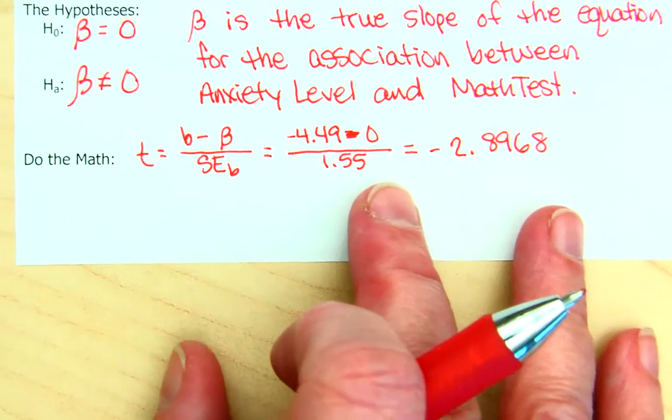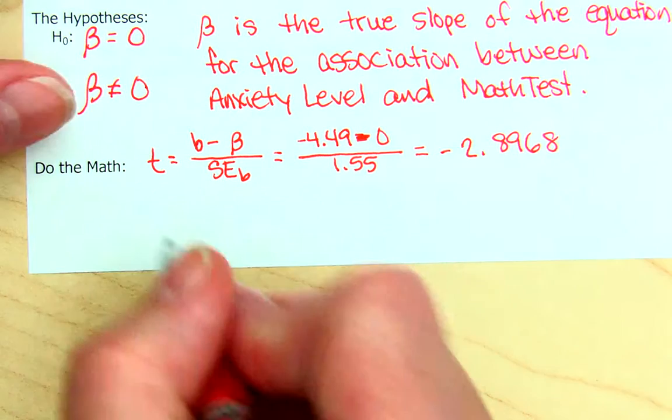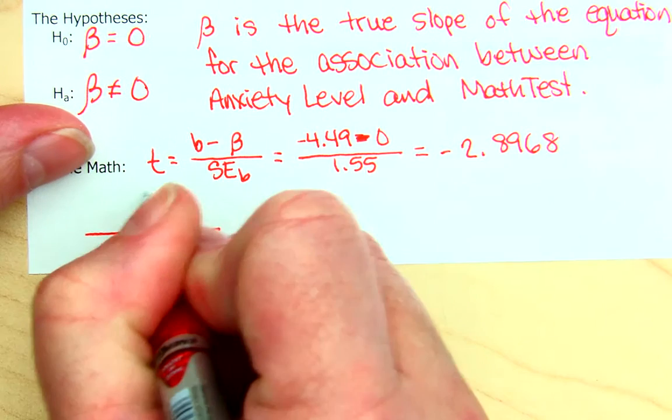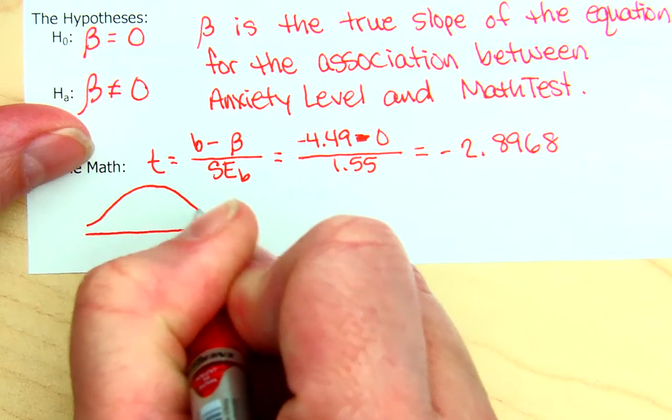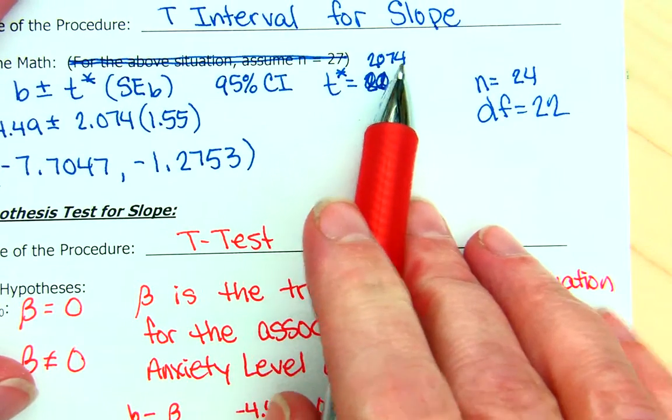Now, how could we decide whether to reject or not? But we don't know the p-value. But we do know the critical value. We have this number up here, this 2.074.